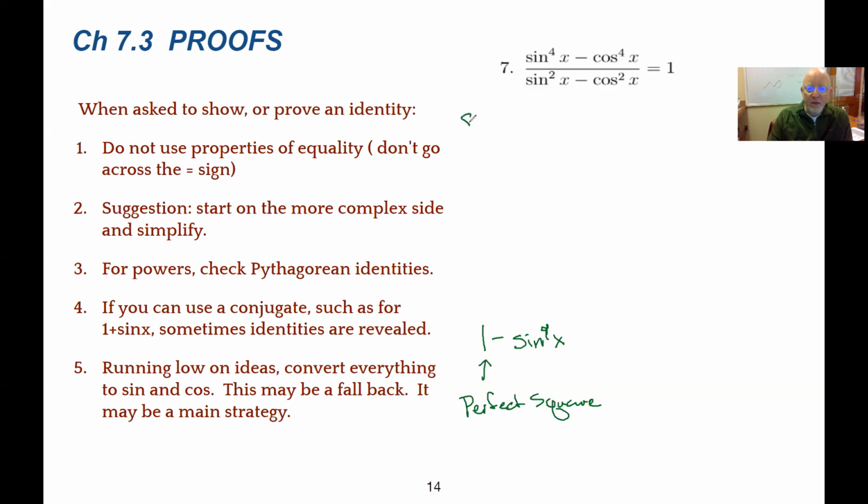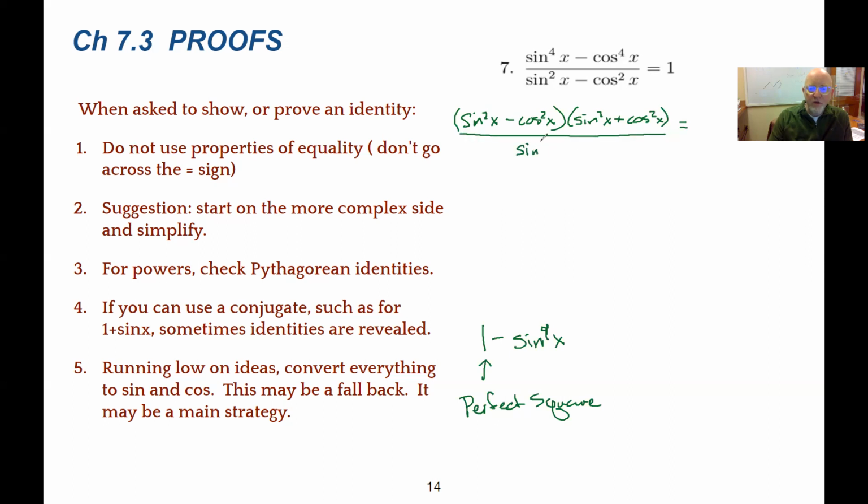And let's see, sine squared x minus cosine squared x times sine squared x plus cosine squared x, all over the same denominator that we had.